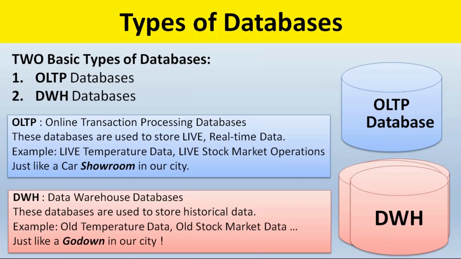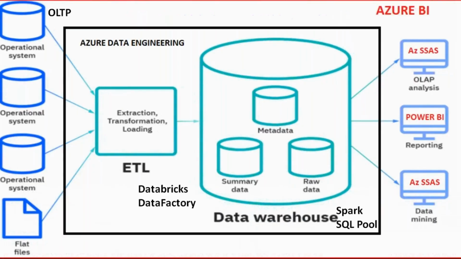OLTP, online transaction processing, that is the left side. SQL developers will be involved in OLTP, remember. In the data warehouse, data engineers will be involved in warehousing. That is a job role. So in this process, we have something called ETL, Data Factory, Databricks or ETL. I understand these are new terms, but we should know what is what.